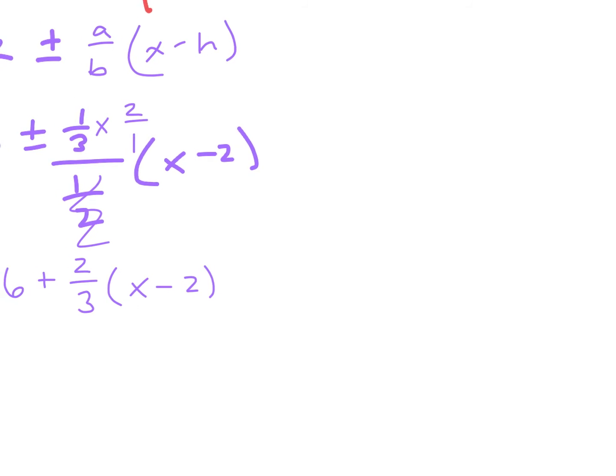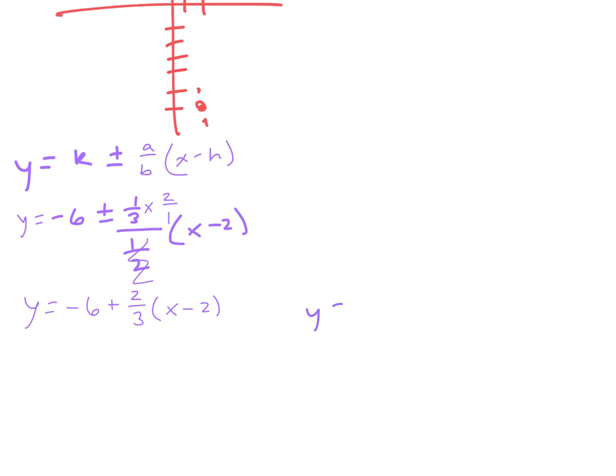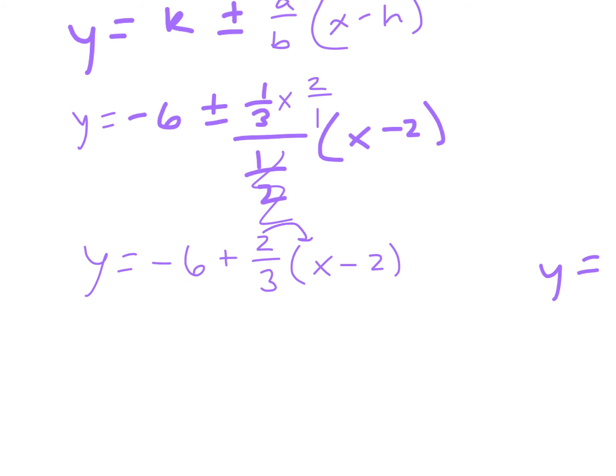And then I have the other, y is equal to -6 minus, so I'm splitting up the plus and minus into 2 different equations. 2 over 3 times x minus 2. Then I just distribute, combine my like terms, and I'm done. So -6 plus 2/3 x minus 4/3.